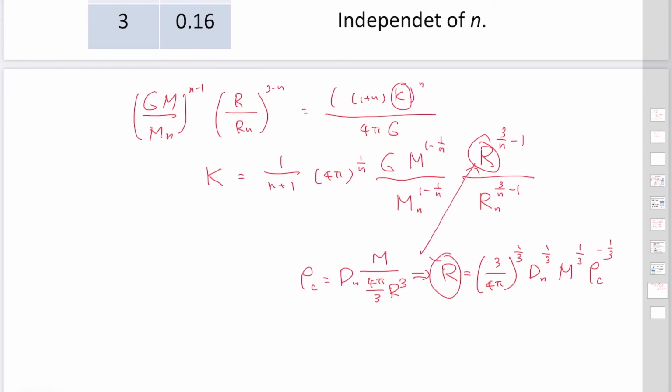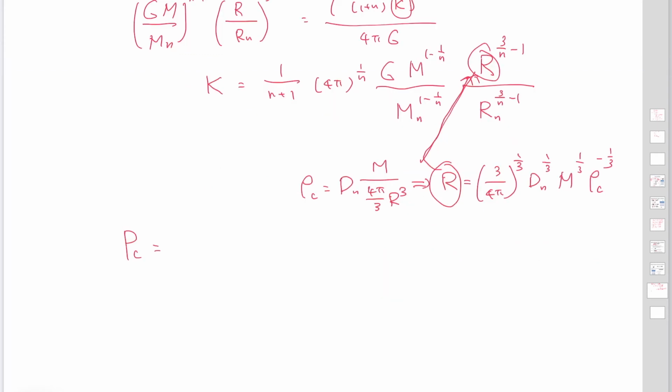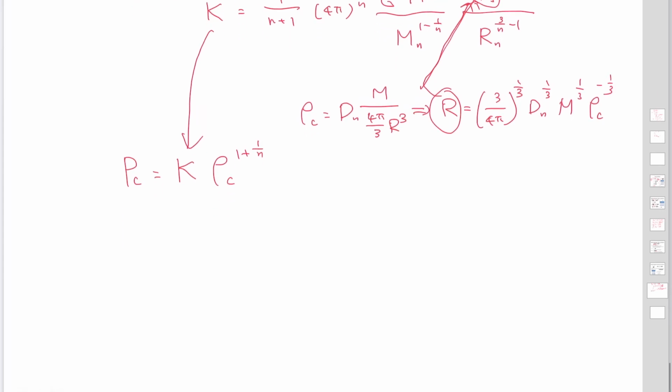You can substitute this capital R back into this equation. This is a polytropic equation. You can use K times rho sub c to the 1 plus 1 over n. So this K, obtained K, substitute back to this equation to find the central pressure.